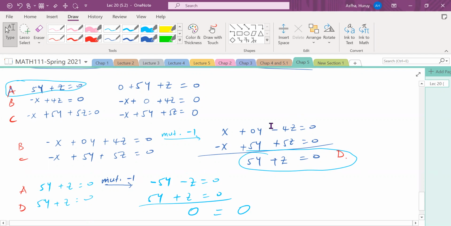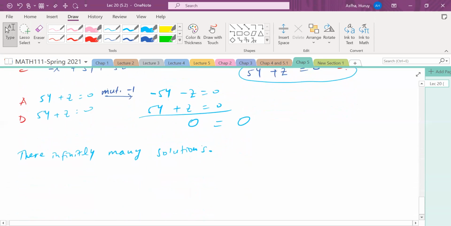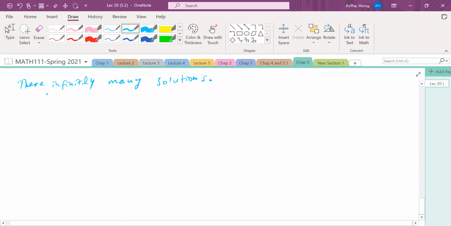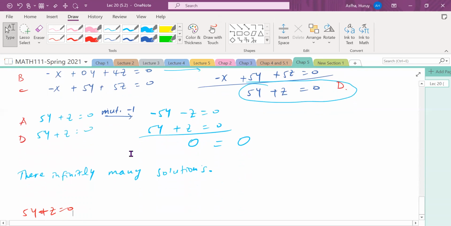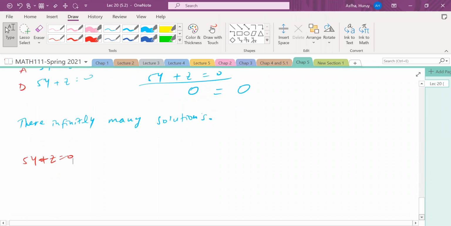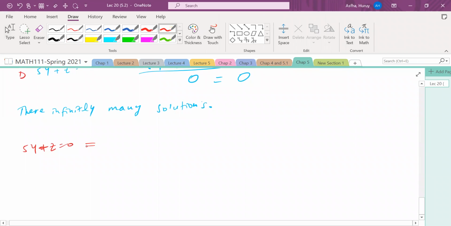So from the first one, we have 5y plus z equals 0. Solving for y, we get 5y equals negative z, and then y equals negative 1 over 5 z.